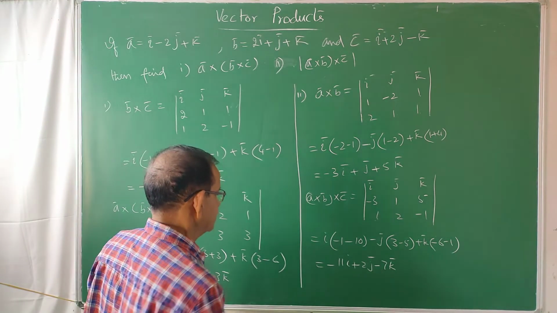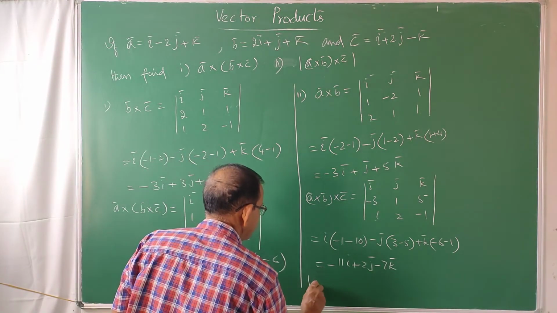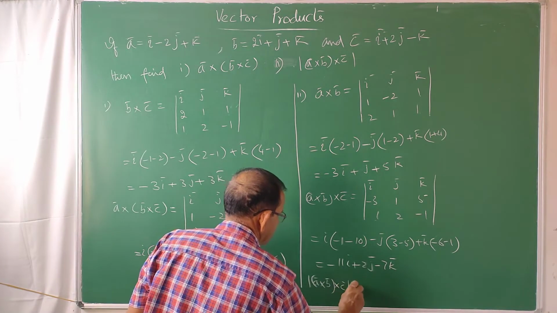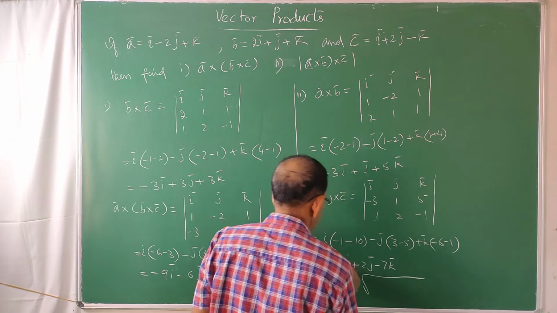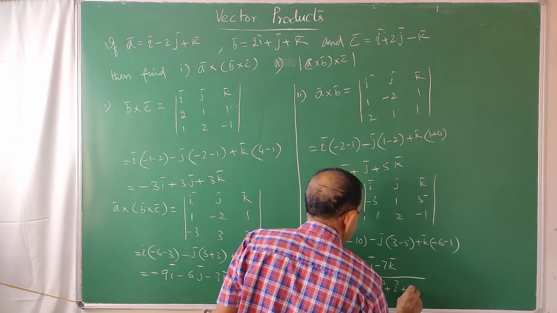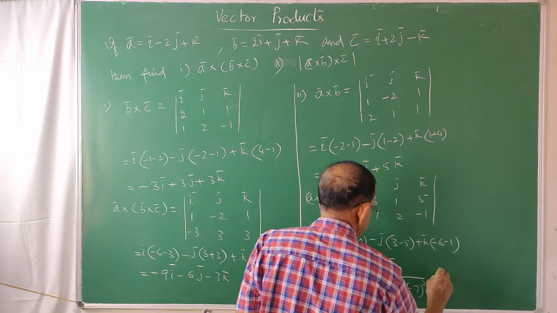Now its modulus. So modulus of a cross b cross c is equal to square root of minus 11 whole square plus 2 square plus minus 7 whole square.